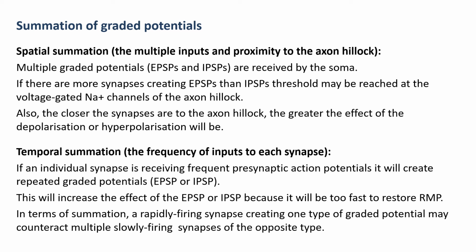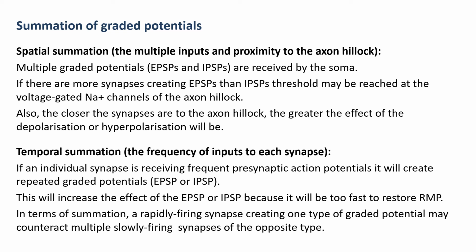In terms of summation, what that actually means is that a rapidly firing synapse creating one type of graded potential, EPSP or IPSP, may counteract multiple slowly firing synapses of the opposite type.